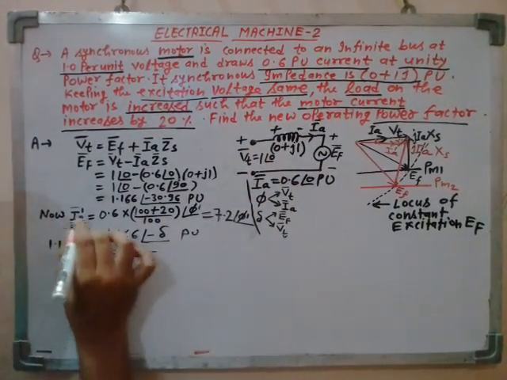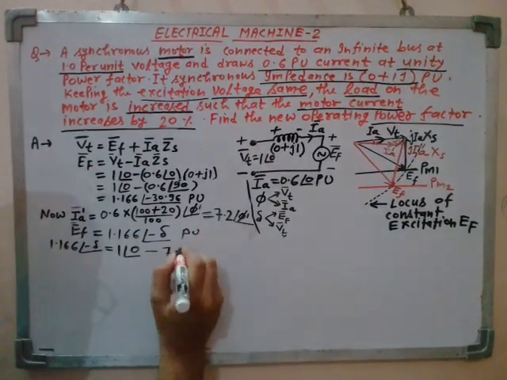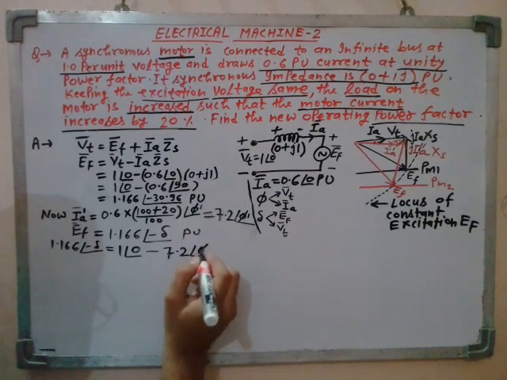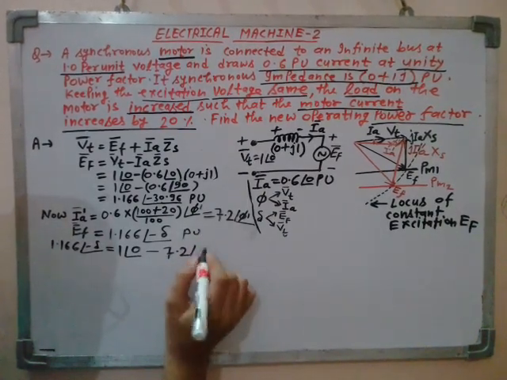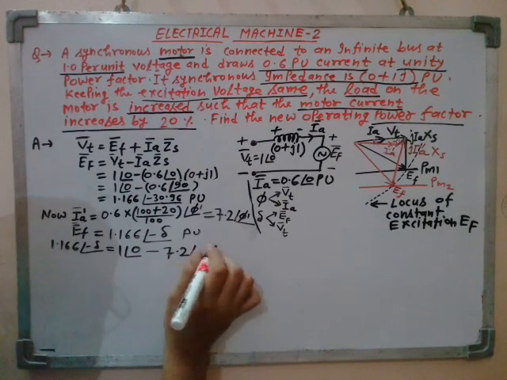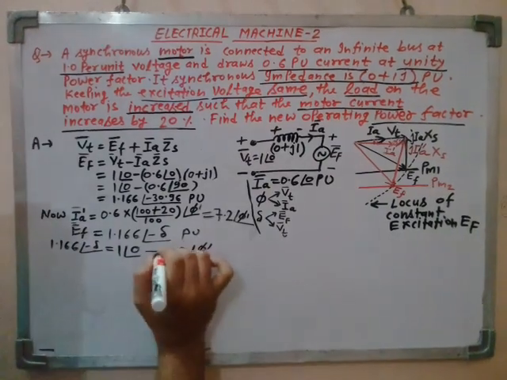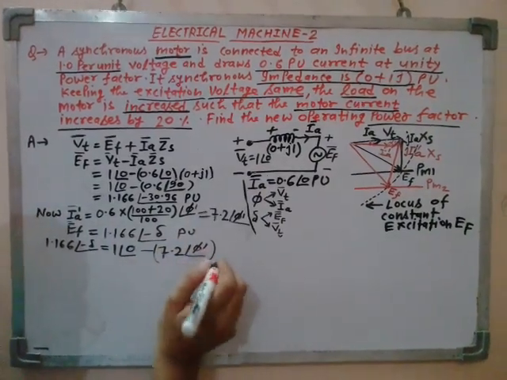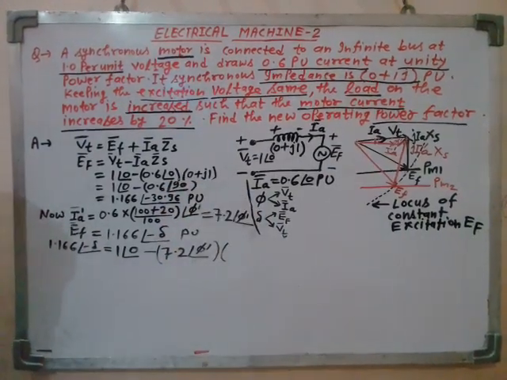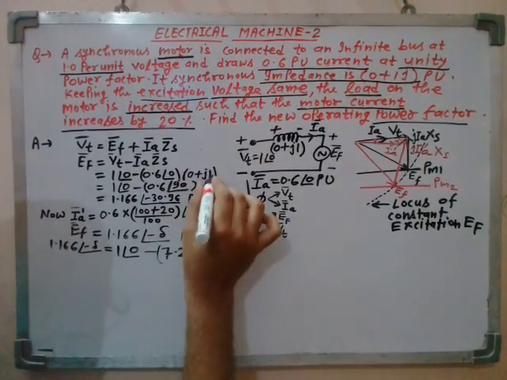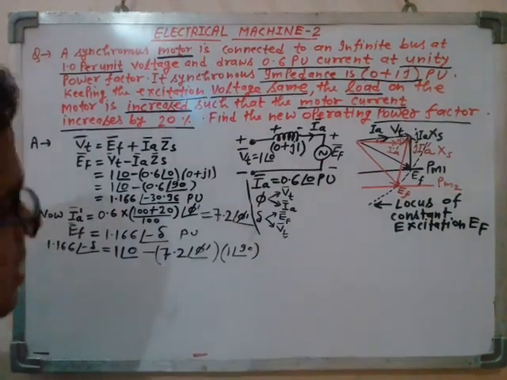Ia dash is now 0.72 angle phi dash, the new armature current, and the winding impedance is 0 plus j1, which is 1 angle 90. I am directly writing it in polar form.